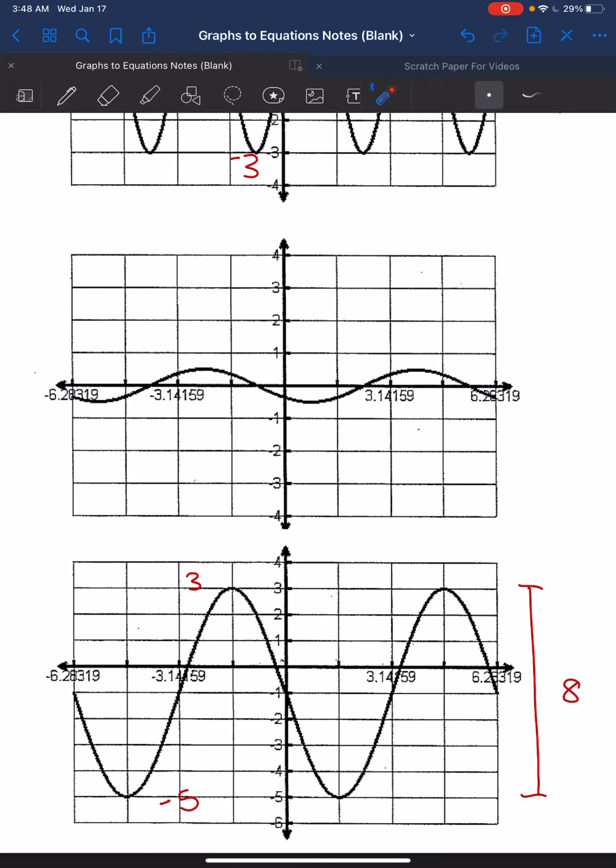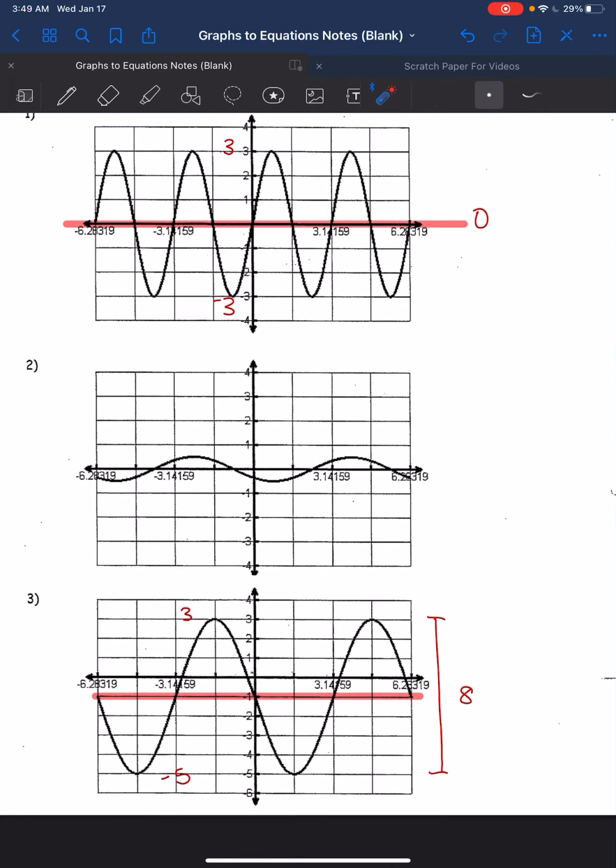So if I go up 4 from -5, I end at -1. And then if I go up 4 from -1, I end up at 3. So this is my halfway point.